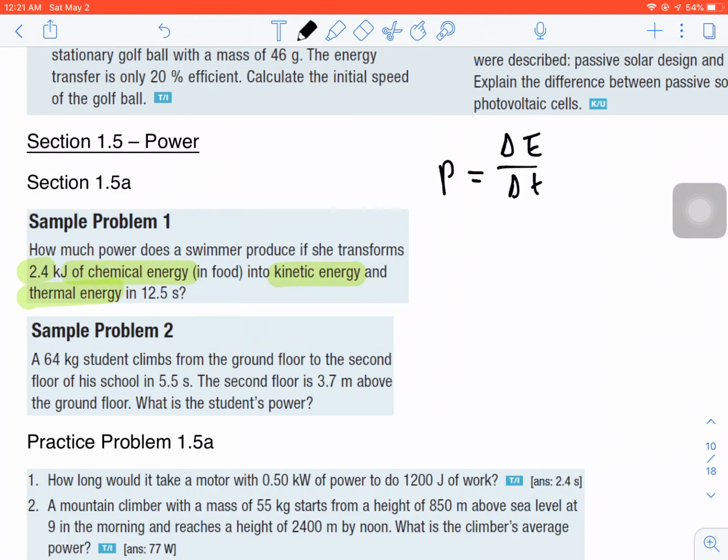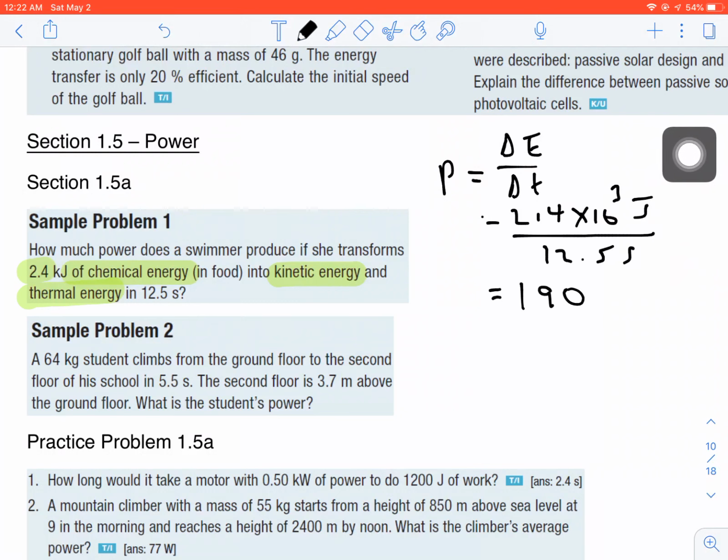I know that she is swimming and using 2.4 kilojoules, or 2.4 times 10 to the power of 3 joules, in 12.5 seconds. So she has a power rating of 190 joules per second, or 190 watts.